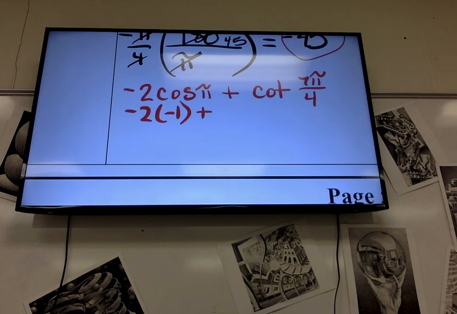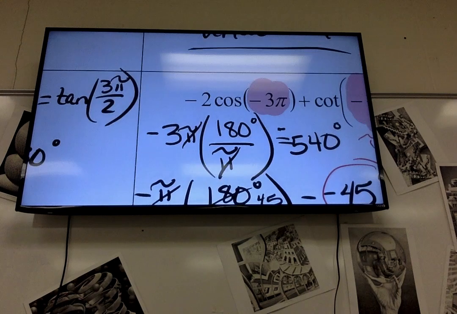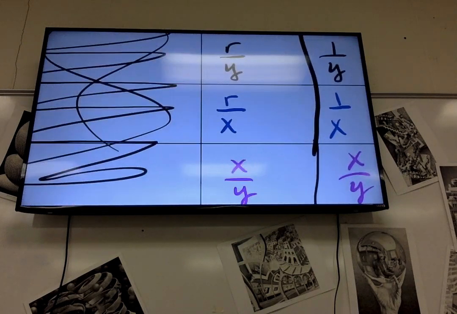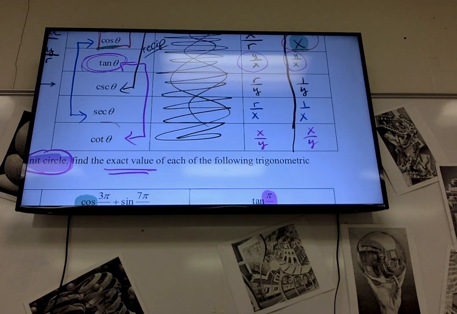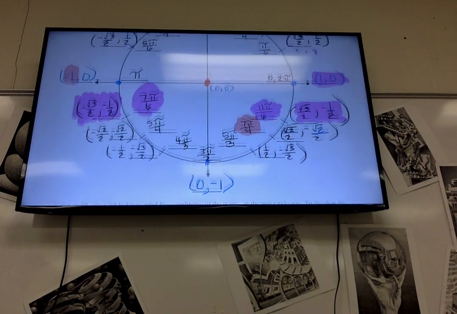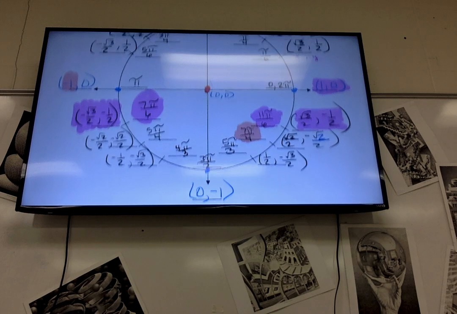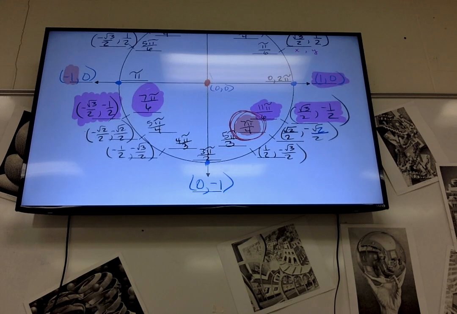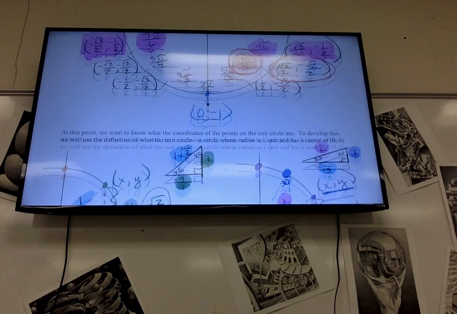And then the cotangent of 7 pi over 4, according to this, cotangent is x over y. So cotangent of 7 pi over 4, that's this point. So here's the ordered pair. It's positive square root of 2 over 2, and negative square root of 2 over 2.